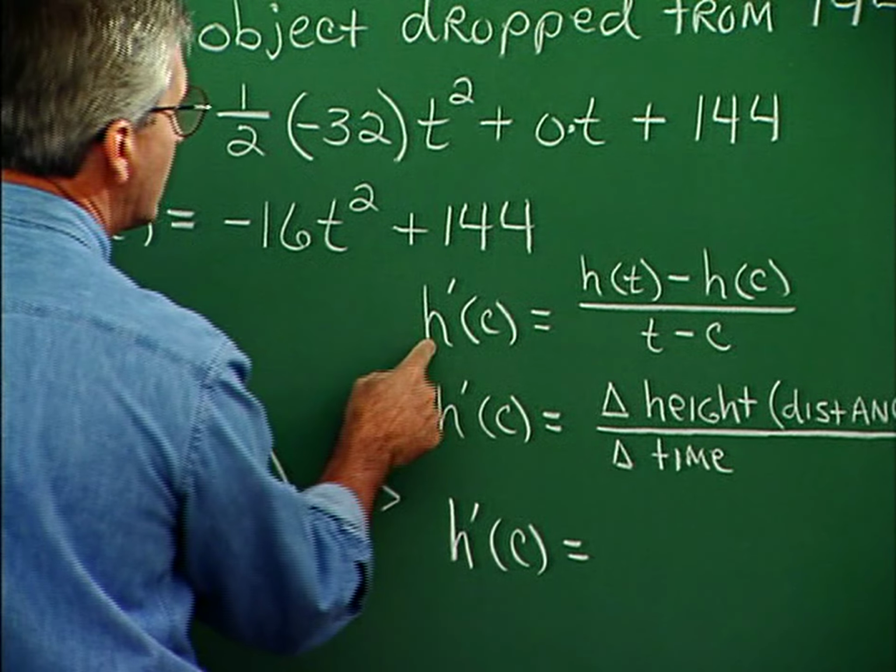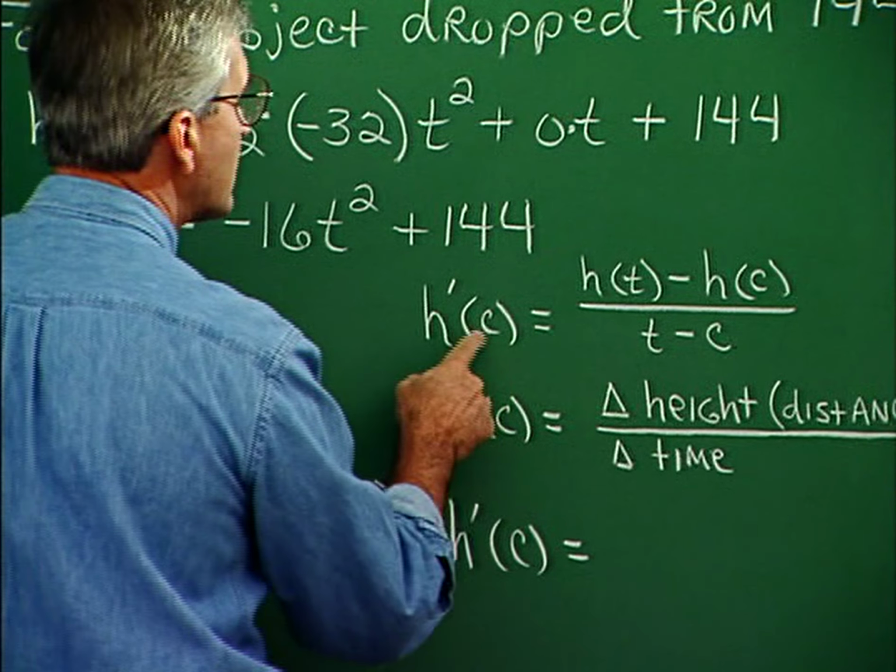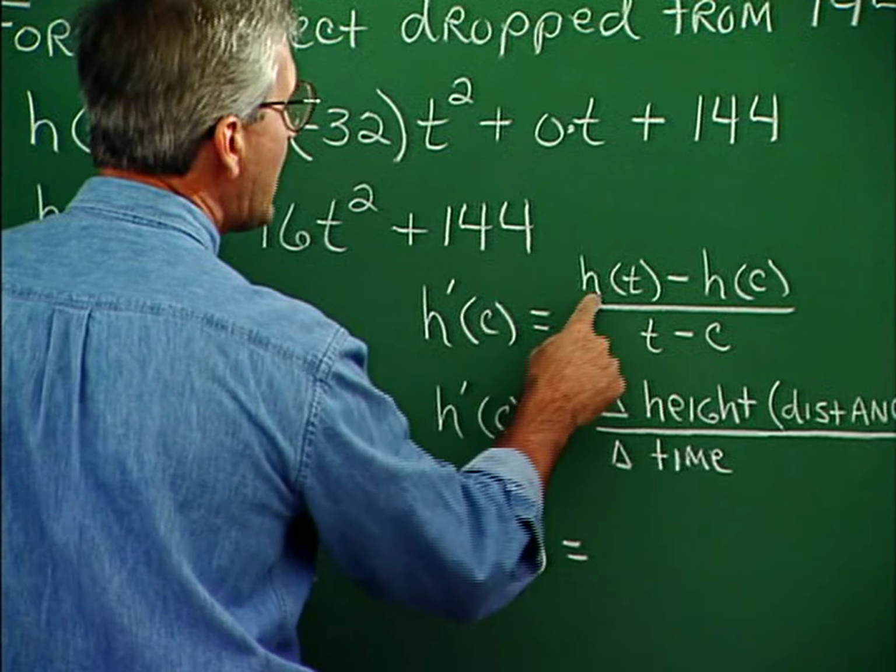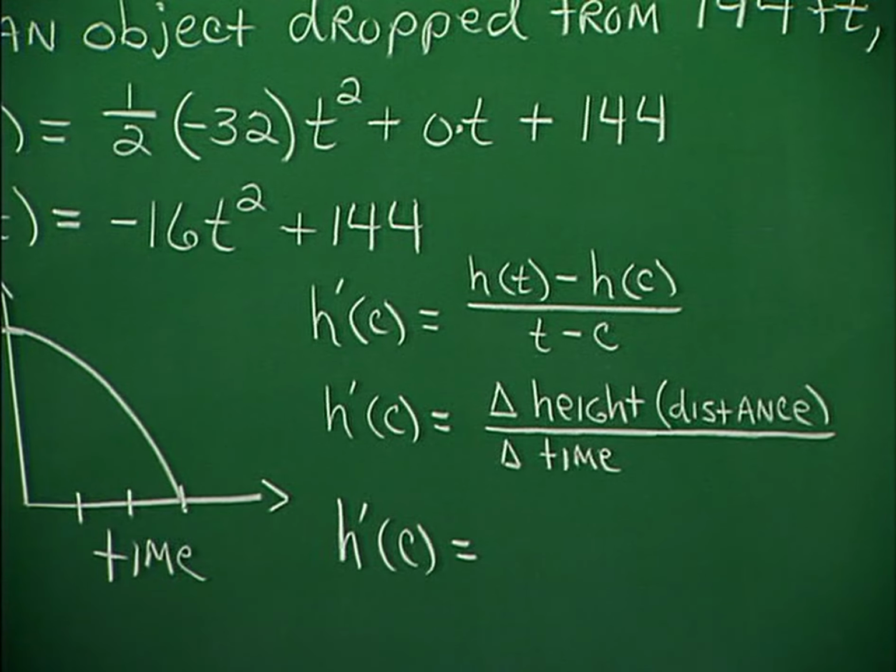For this function, the derivative at a point is h of t minus h of the point, over t minus c, if that point is c. Now, so that's just kind of a general idea.